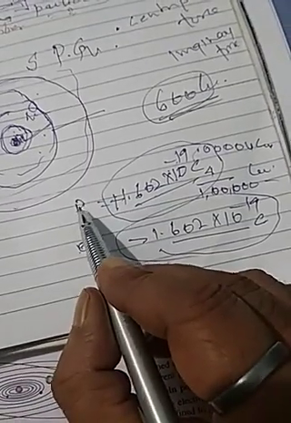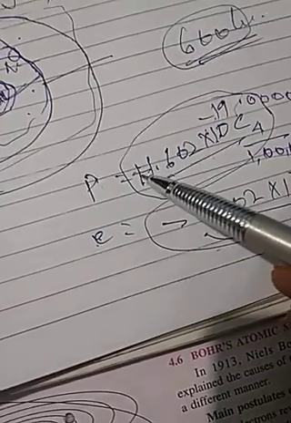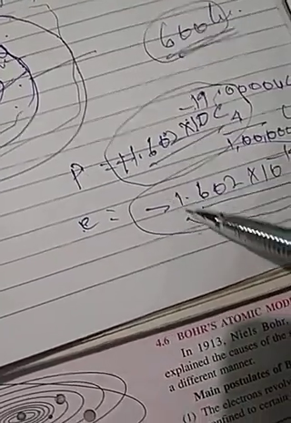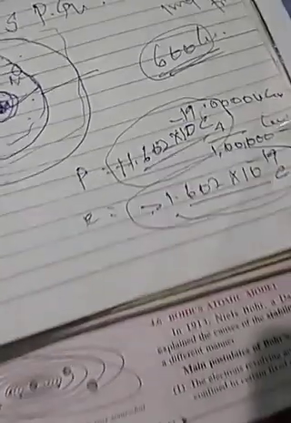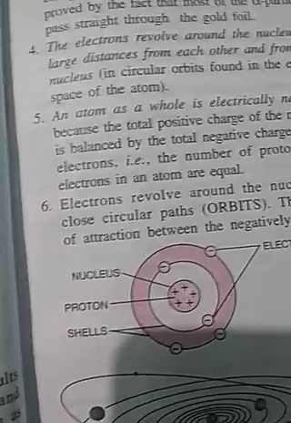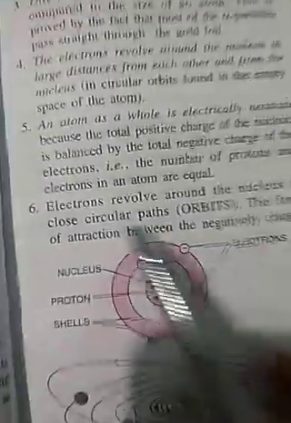So any atom has the same number of protons and electrons. As a result, whatever the positive charge, the same will be the negative charge. So positive plus negative makes an atom electrically neutral. We had seen this in our previous classes also.